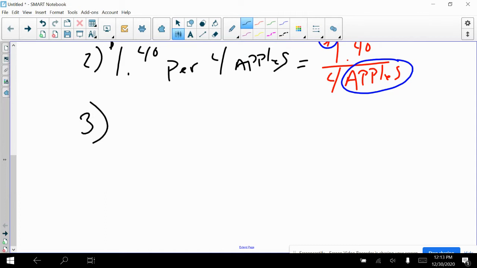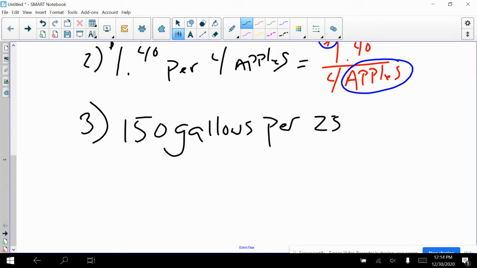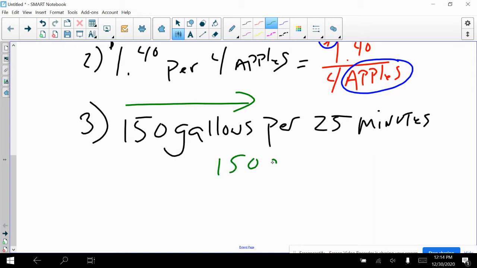Okay, let's try one more here. We have 150 gallons per 25 minutes. So again, we're reading left to right. 150, and you can abbreviate gallons, GAL, that's fine, per every 25 minutes.